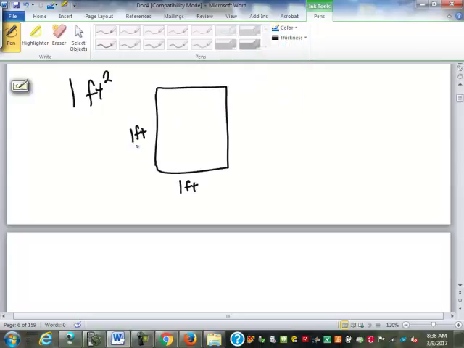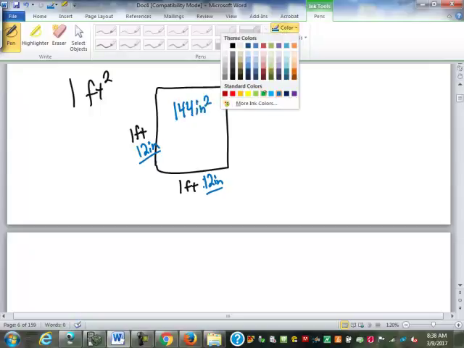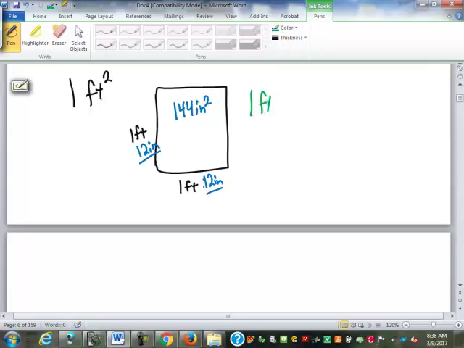Well, 1 foot is 12 inches. 12 inches by 12 inches is 12 times 12, or 144 inches squared. 1 square foot equals 144 square inches.